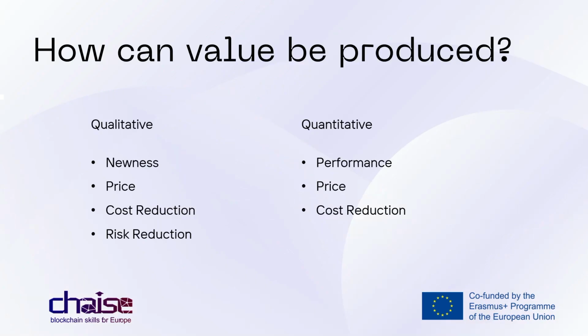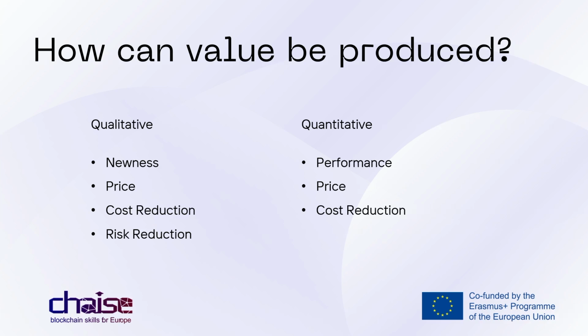How can value be produced? If we look at more qualitative aspects, we see that newness, price, cost reduction, risk reduction are ways by which we produce value for the customer.